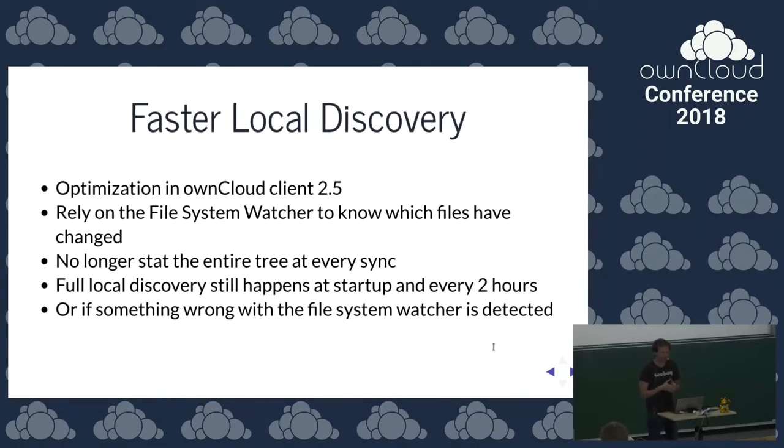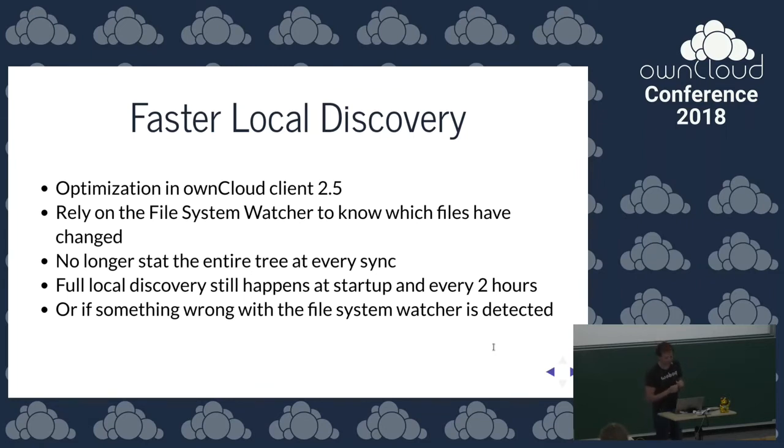So one of the changes in the sync protocol is that it now does a faster local discovery. Before, we were browsing the whole tree and statting all your files to find out if any of those files had changed. And this might take a long time. So when you modify one file, one picture you want to see uploaded, first the client will check all your files and then upload this file.